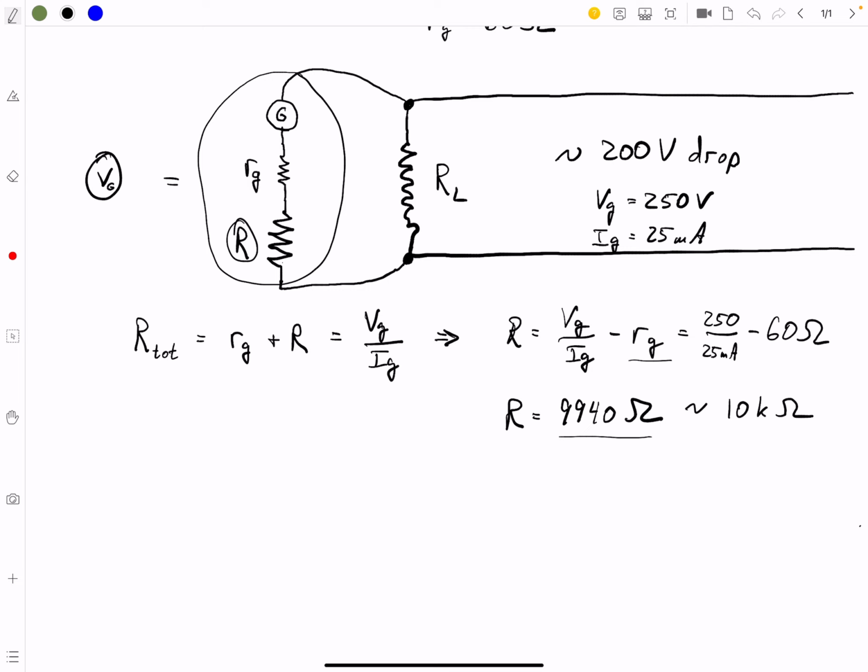So as an ammeter, let's draw a new circuit. Here we have our battery.